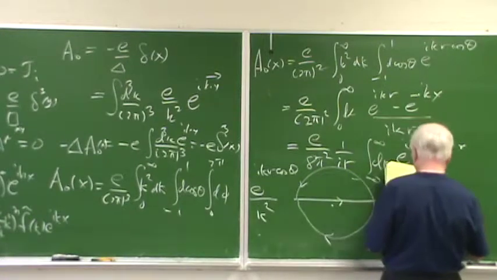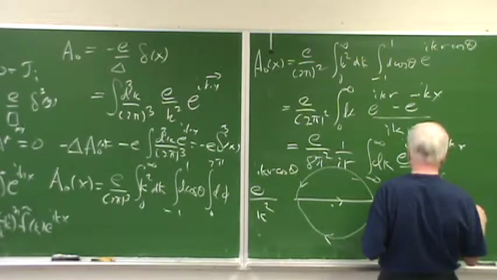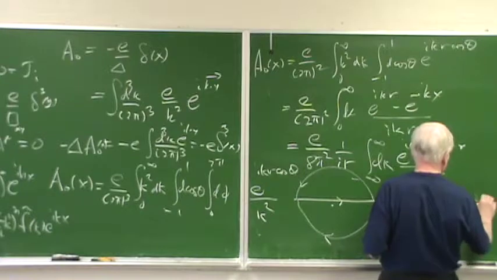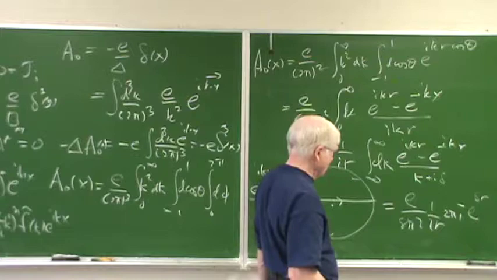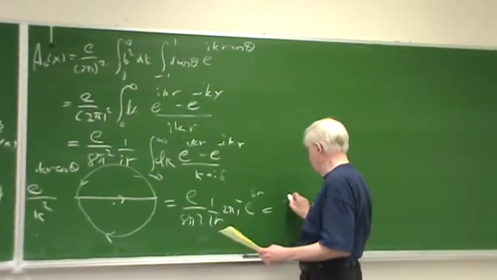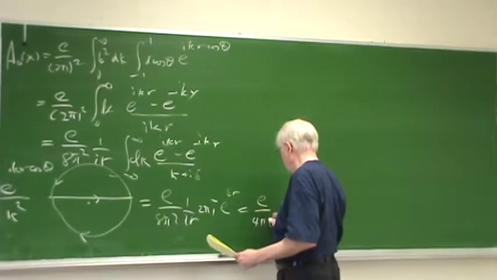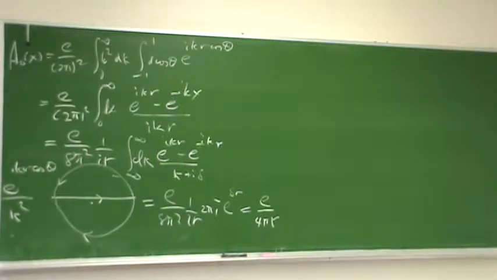So it's 2 pi i times this thing evaluated at k equal to i delta, and so that's just delta R, and in the limit delta goes to 0, that's just 1. So altogether the answer here is E over 4 pi R, and that's of course the Coulomb potential. So that's, I guess, comforting. Any questions?